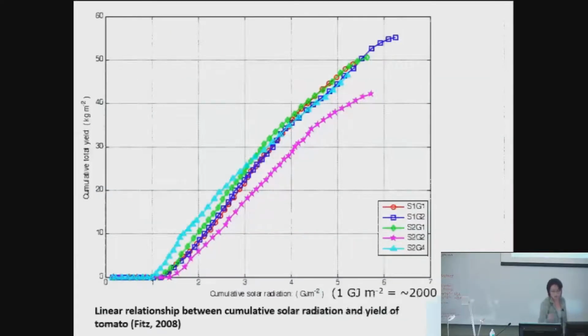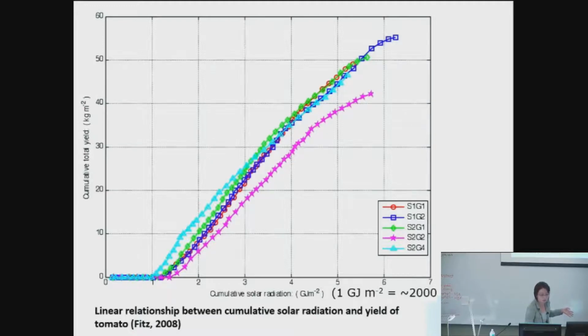But anyway, another thing here is tomato yield. So in the tomato case, the y-axis is cumulative yield per square meter. So how many kilos of tomato, as a total from the beginning of the crop, harvested per square meter.